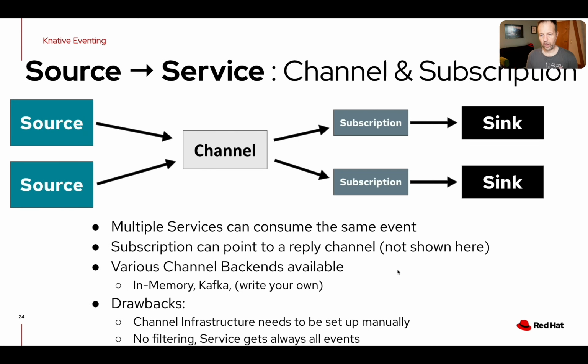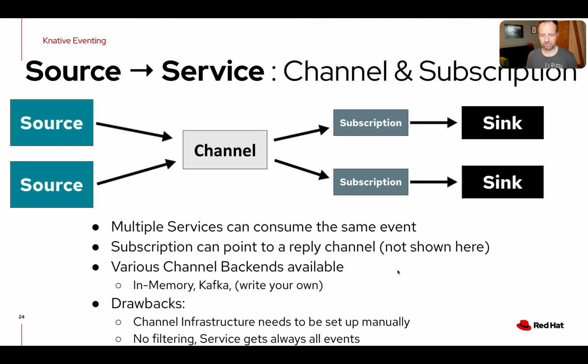Then one level higher, you can also connect to a service with a channel and subscription, which means you create a channel. As mentioned, a channel is also a CRD, and you can create other objects called subscriptions that connect the sink to the channel, and you put the channel coordinates directly into the sink field of the source. Of course, the benefit is that you can have multiple consumers for the same event.